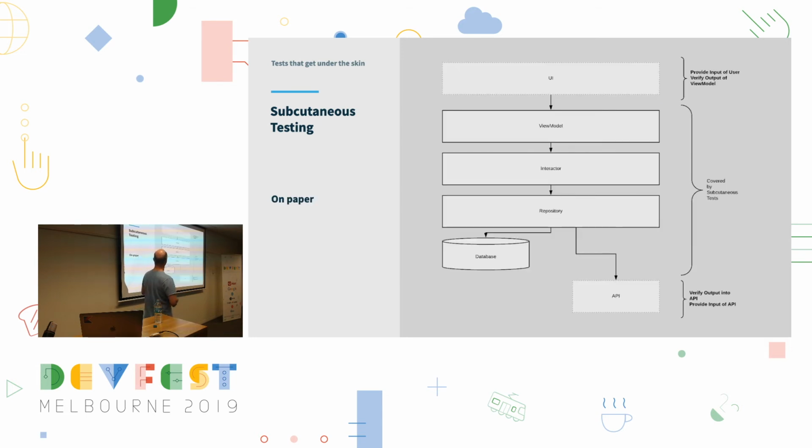So let's look at how this looks architecturally. We have the UI on top, and for us now, we have a view model, and the view model talks to the interactor and the repository, and that might either get the data from the database or from the API. But we don't test the API.